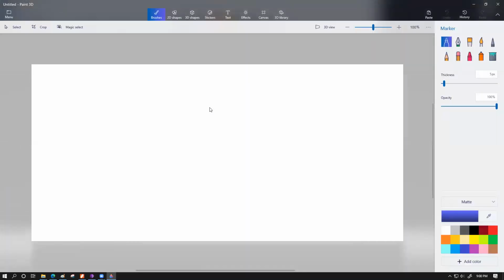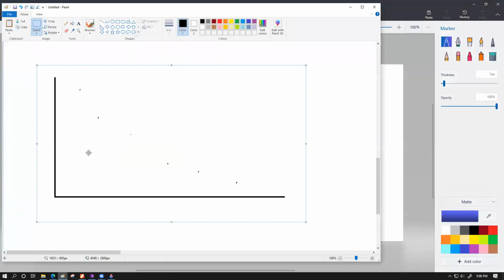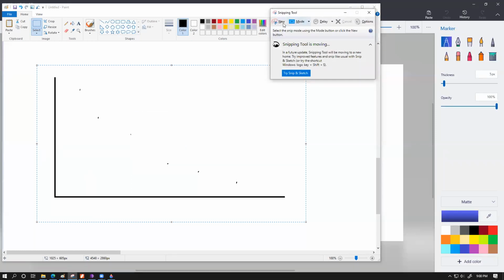Something went wrong. Why can't I paste stuff over here? Should I use the snipping tool? Would that help?